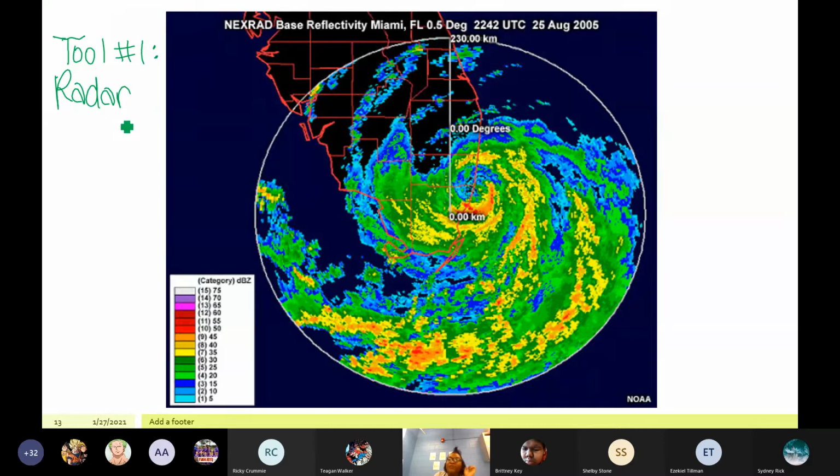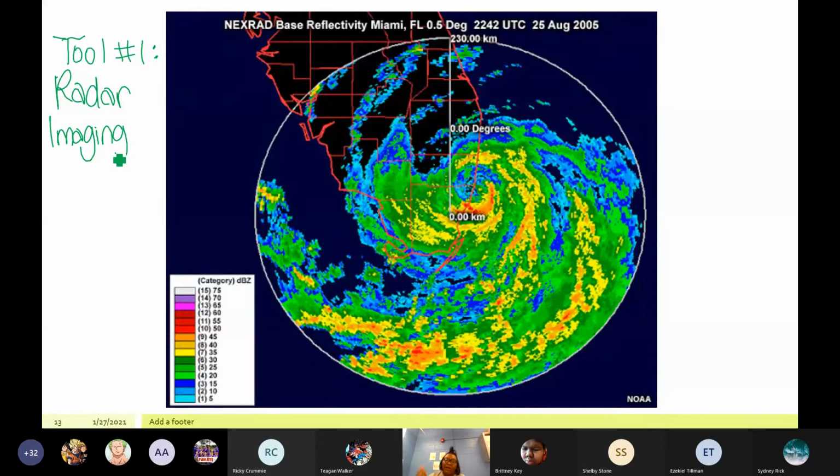Image is just a scientific word. It's another word for picture. We have seen these on the news, especially when we're watching the news to look at a harmful storm that may be coming near us. Just like this hurricane here that's being tracked in Miami in 2005. It was a while back.